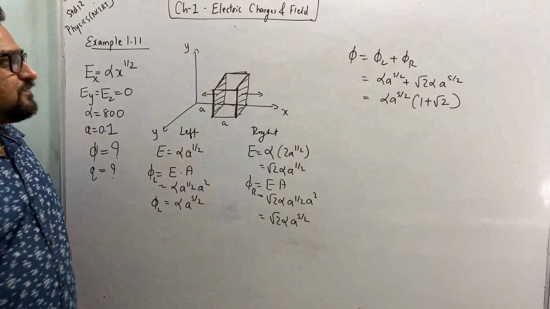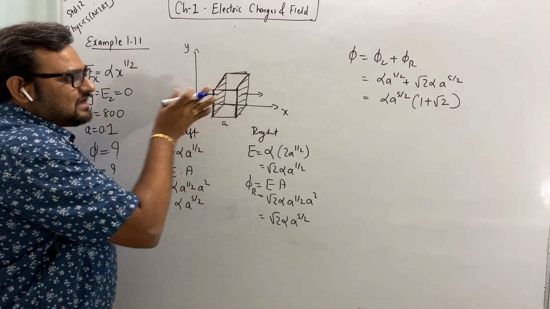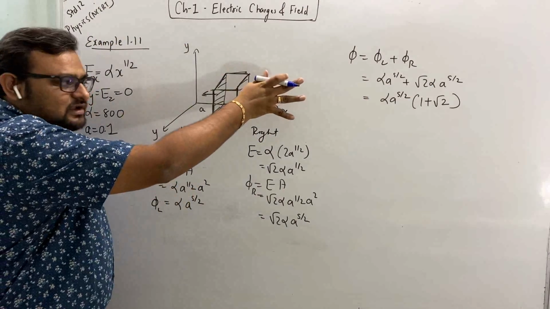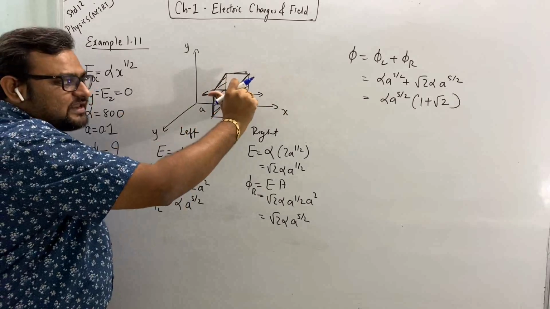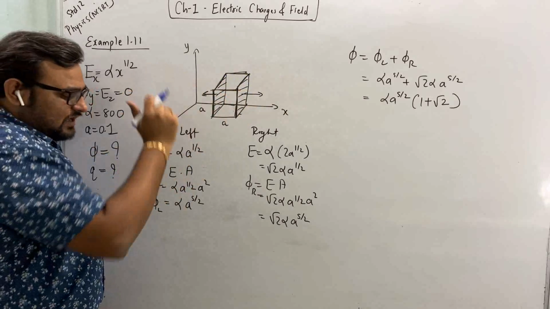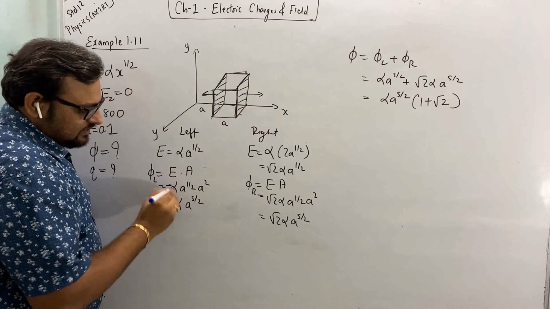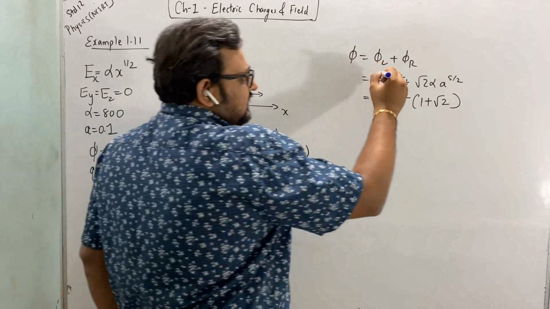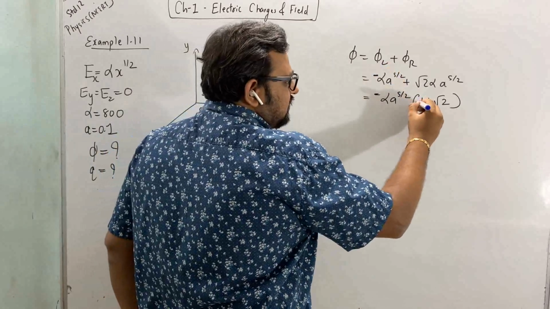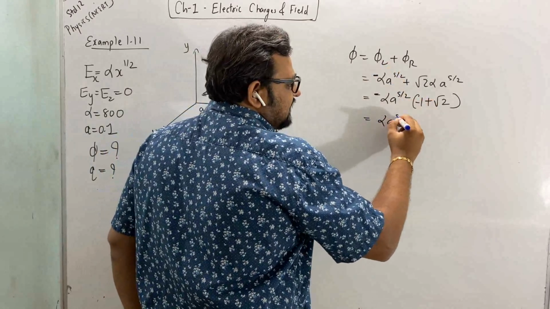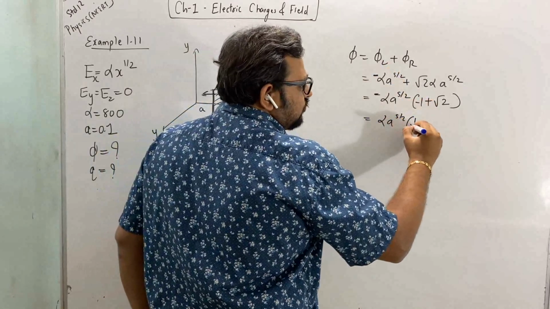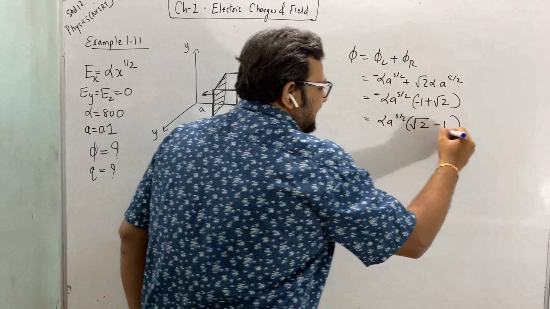But see here, in this case, the electric field is in this way, clear? And the area is in this way. So the angle will be minus, will be minus alpha a. So this will be minus 1. So this will be alpha a raised to 5 by 2 into root 2 minus 1.